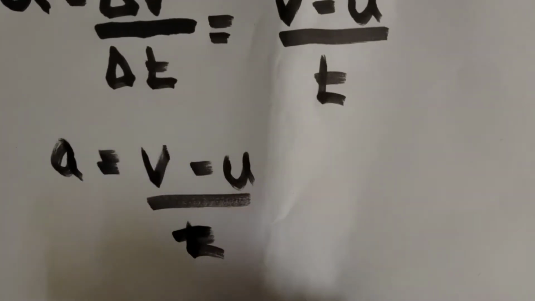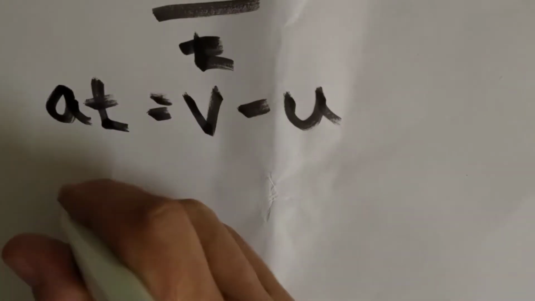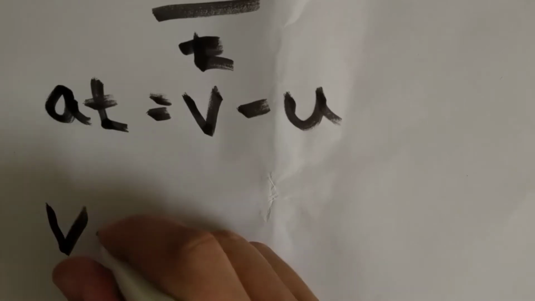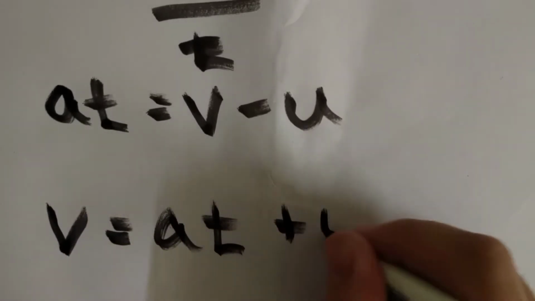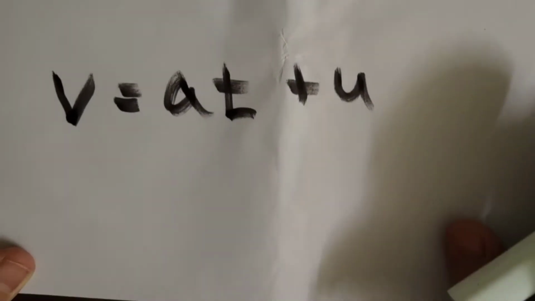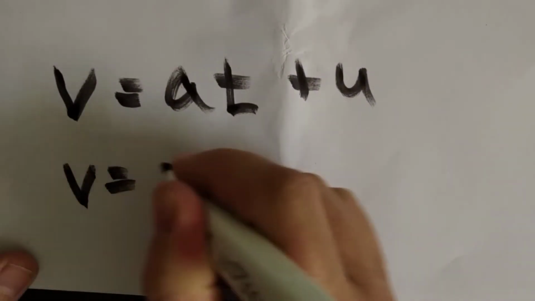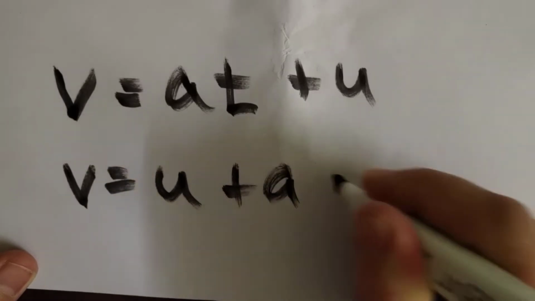So I've got at is equal to v minus u, and if you add the u to both sides, then you have v is equal to at plus u, or the way Cambridge writes it, v is equal to u plus at.